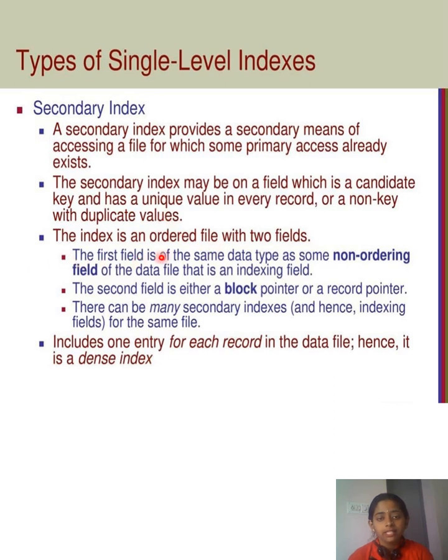The index is an ordered file with two fields. The first field is of the same data type as some non-ordering field of the data file, which is an indexing field. The second field is either a block pointer or a record pointer. There can be many secondary indexes, and hence indexing fields, for the same file. It includes one entry for each record in the data file. Hence it is a dense index.